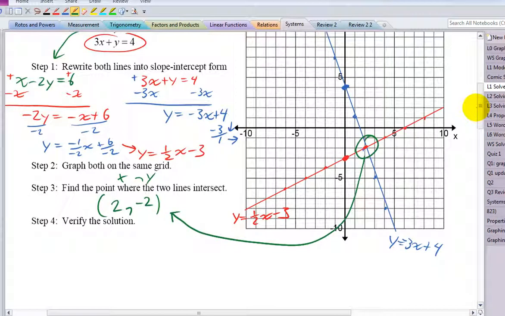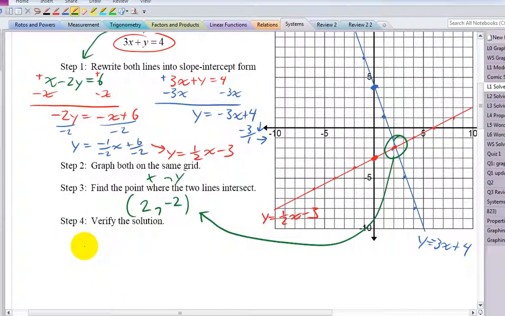Okay. Then what we have to do is verify the solution. Verify means to check. The textbook likes to say verify. But don't just check one equation like last year, because here's a system. So you need to check both equations. So one equation will be x minus 2y equals 6.